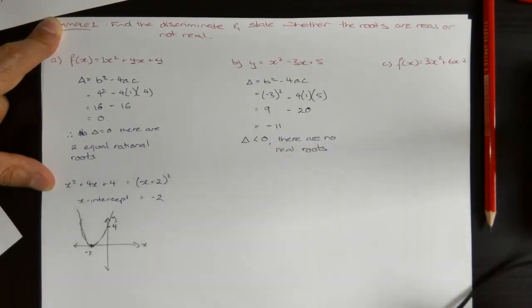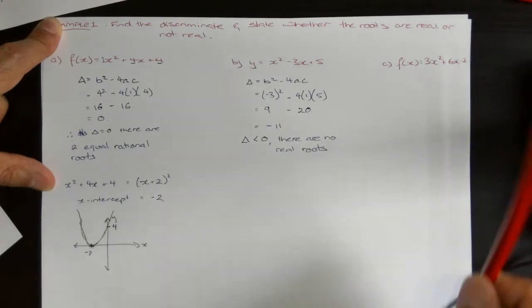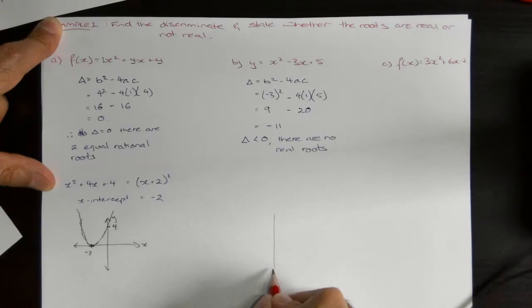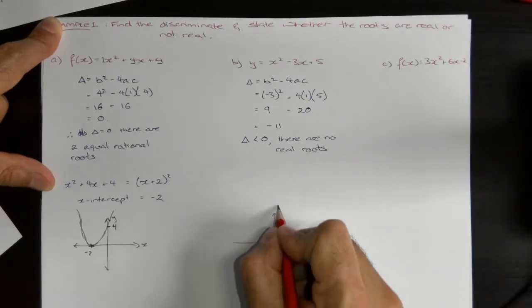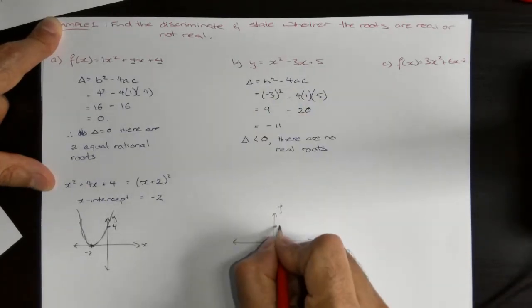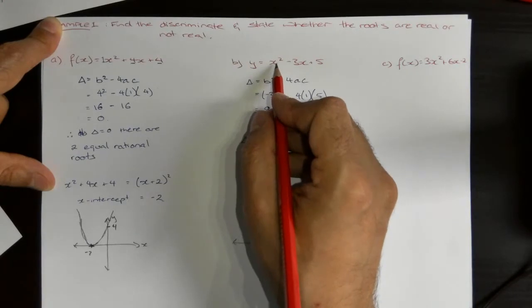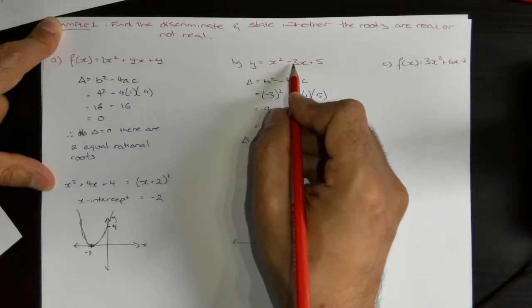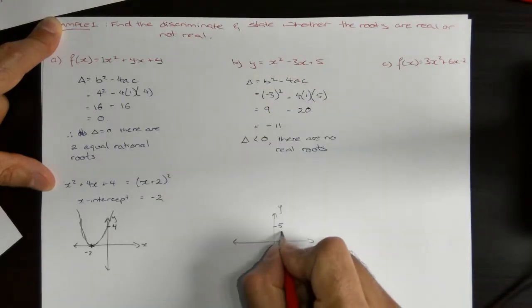And so what that means is if we were to graph this, if x was 0, it would be up here at 5. Let's say x was 1, 1 squared minus 3 is minus 2, plus 5 is 3, so 1 is 3.